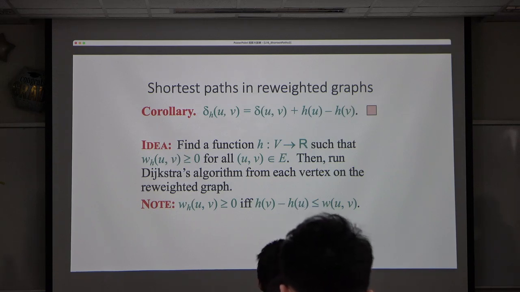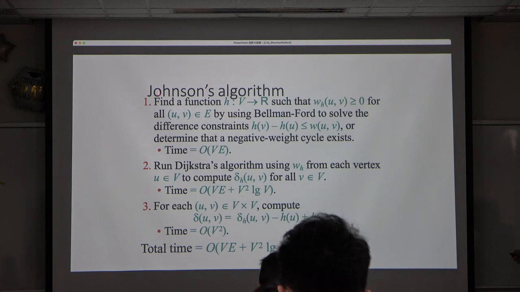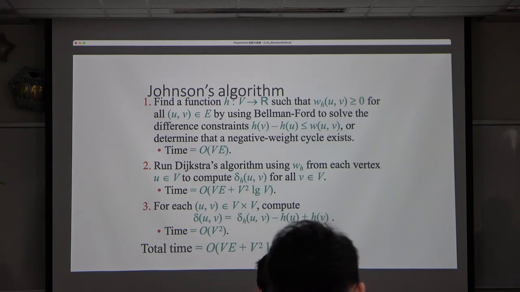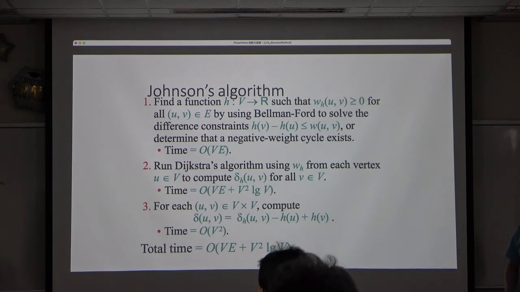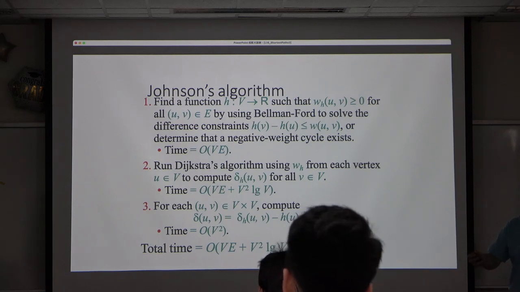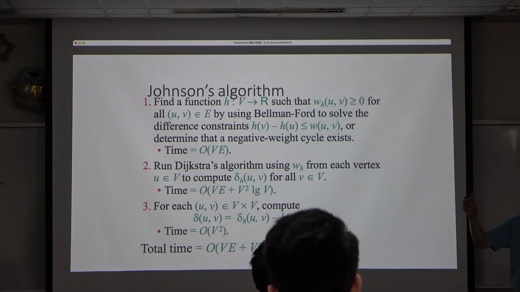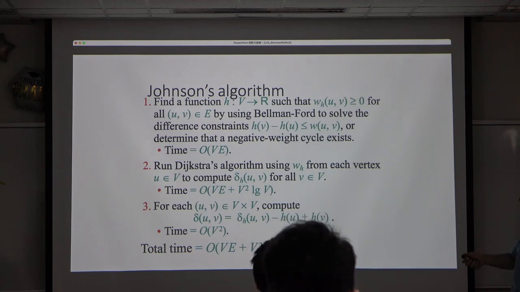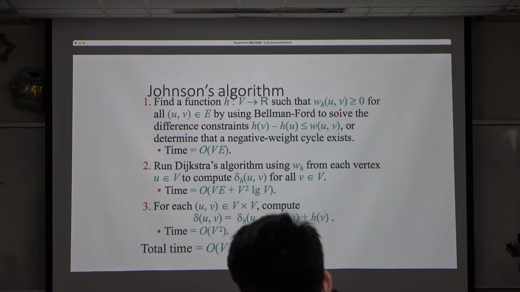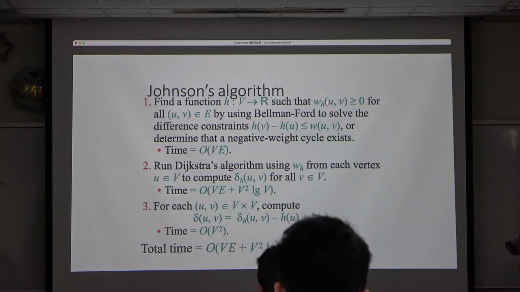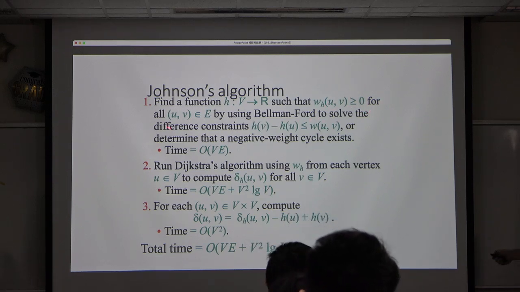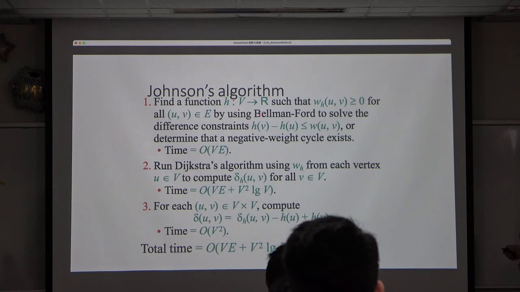Okay, so the idea is like this. We find a function. This function is actually an assignment, exactly what we did to solve that linear programming, such that WHUV is greater or equal to 0 for all UV in E. How do we do that?